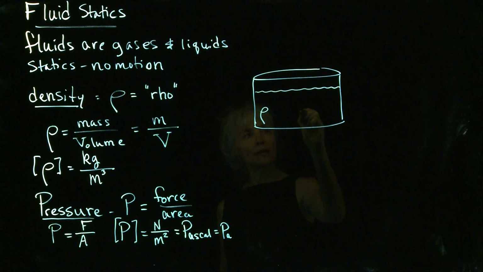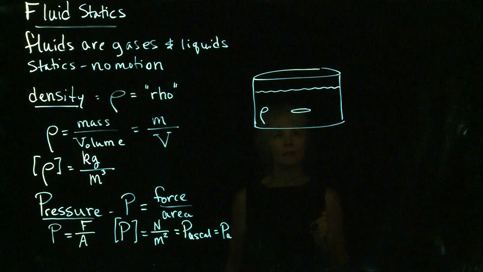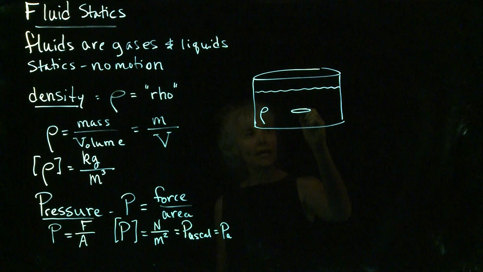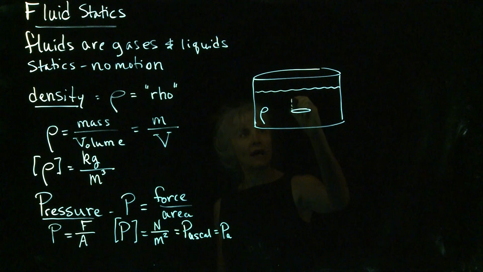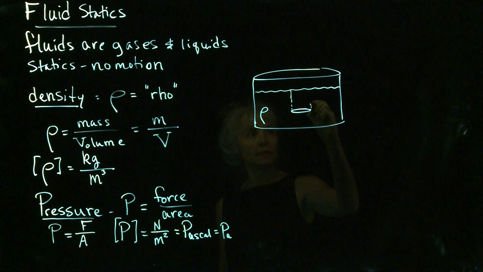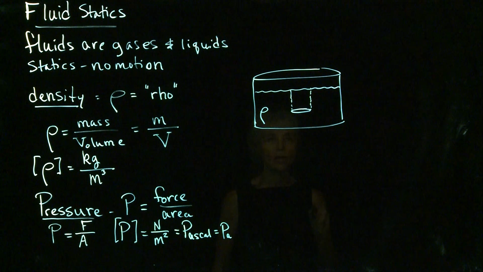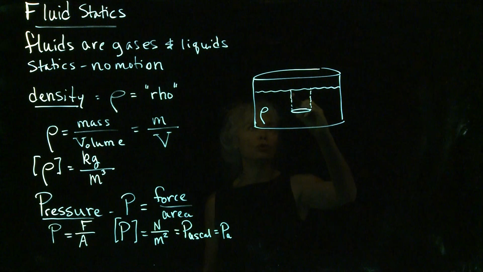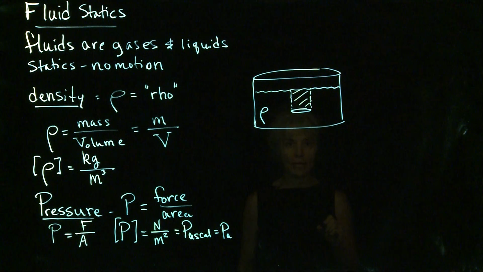When objects are placed down, let's say we have a penny, and we place this penny down here in the fluid. This penny right here is going to feel a pressure due to the fact that it's supporting this cylindrical column of molecules above it. So there is a pressure due to the fluid in this vat that is above that penny.